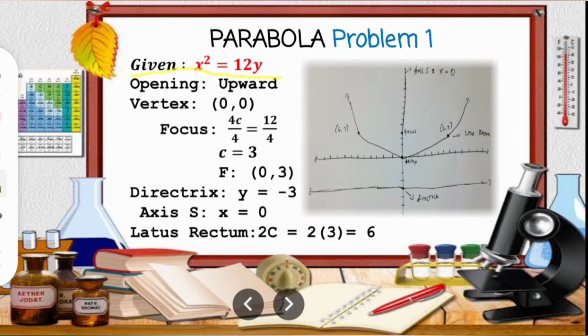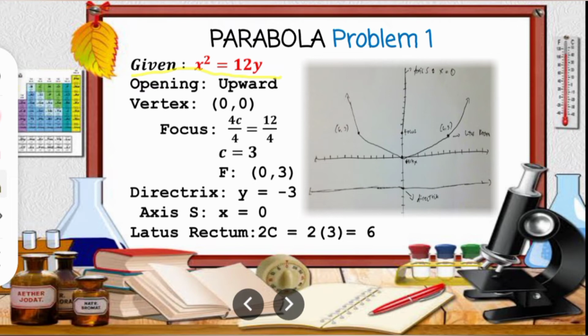Then for our focus, 4c equals 12, so we divide 12 by 4, and we come up with 3. So our c is 3.